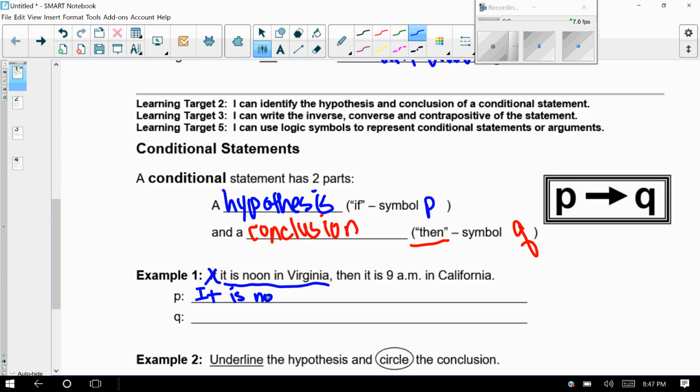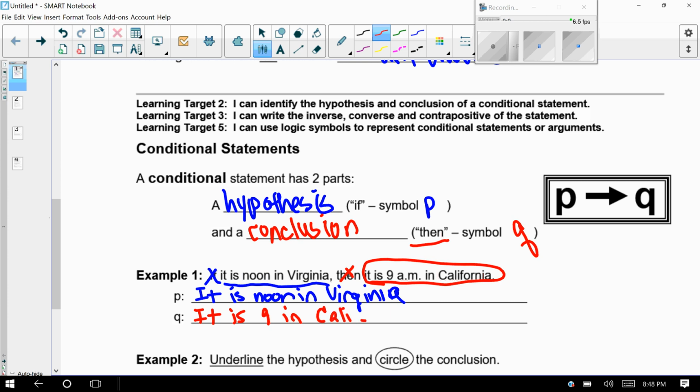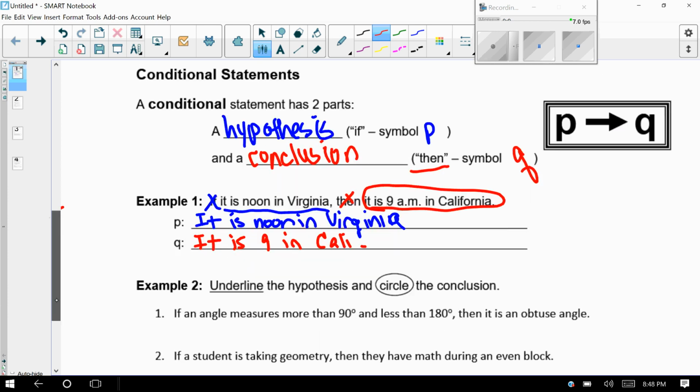And then the conclusion is after the then. Cross out the then. We're going to circle the conclusion. The conclusion is it is 9 a.m. in California. We always use Cali for California.